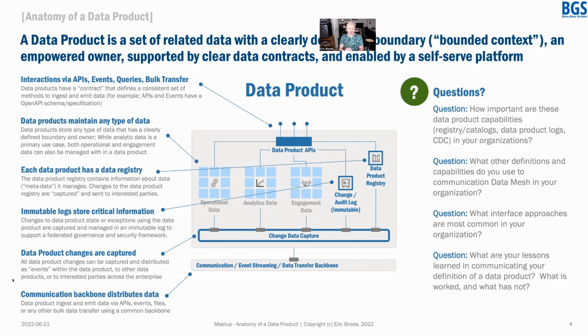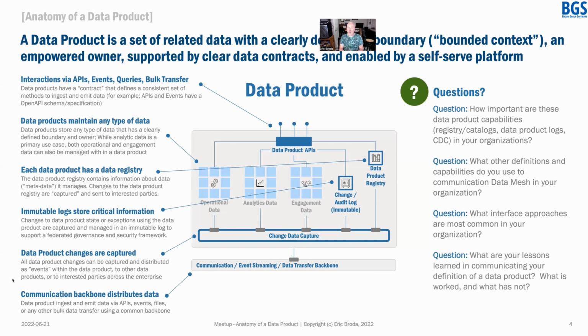So what exactly does a data product look like? What's inside it? What are some of its key characteristics and attributes? So we'll start on the left-hand side of the page, going from top to bottom. First off, obviously recognizing there's a boundary, we need to figure out a way to interact with data products. So there's several different ways that are quite common. There's APIs, application programming interfaces, kind of a REST type model.